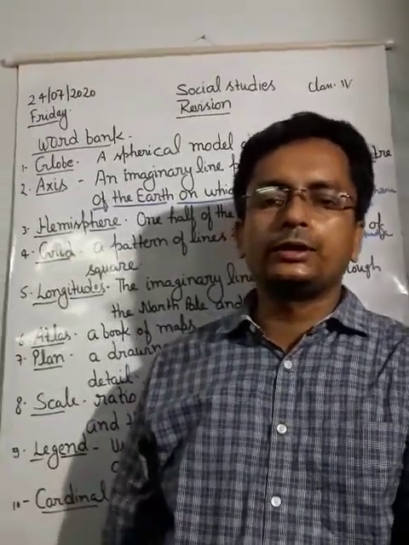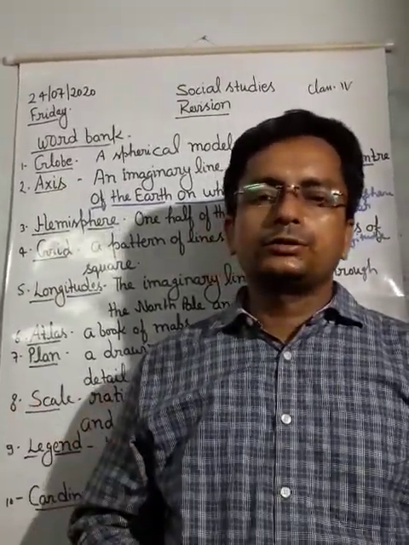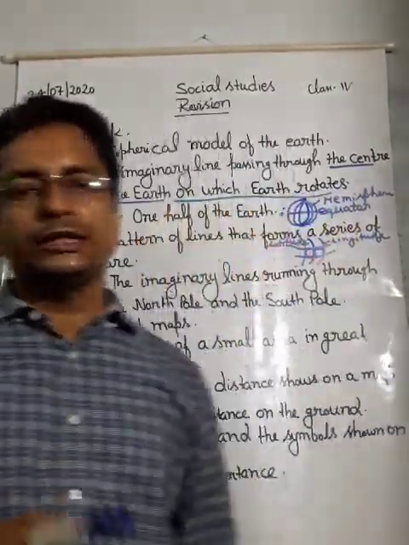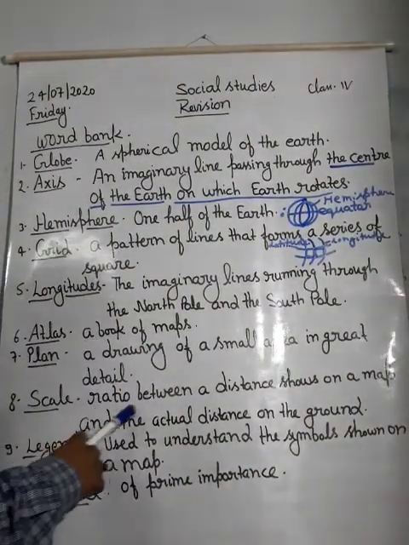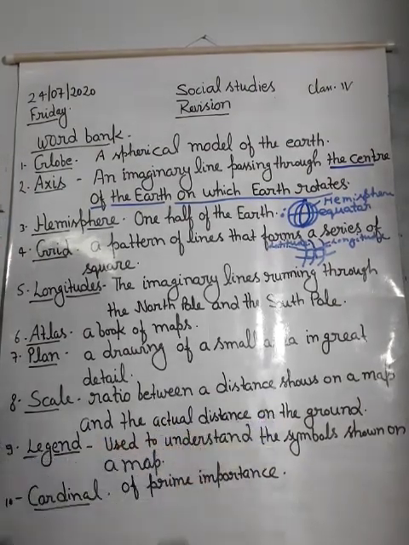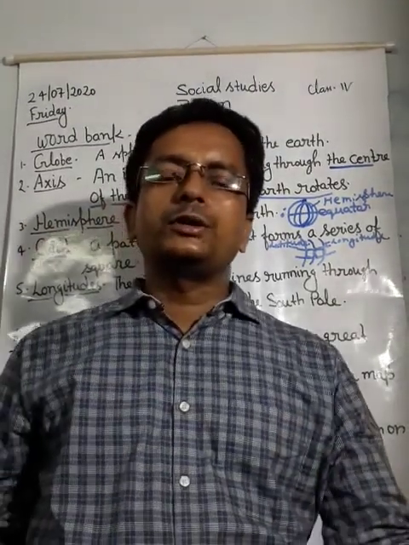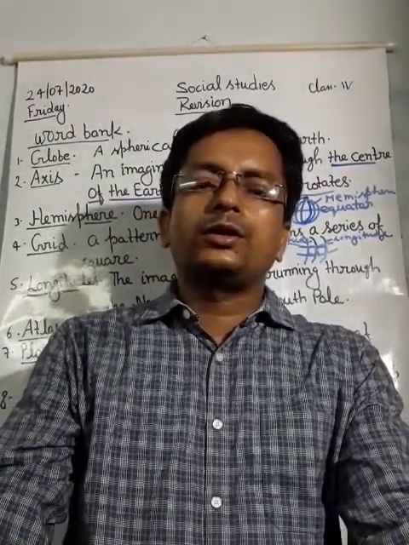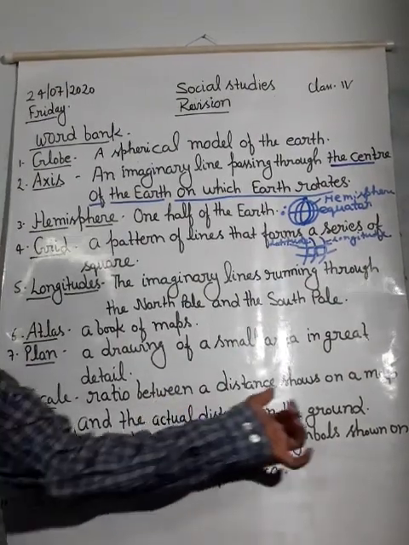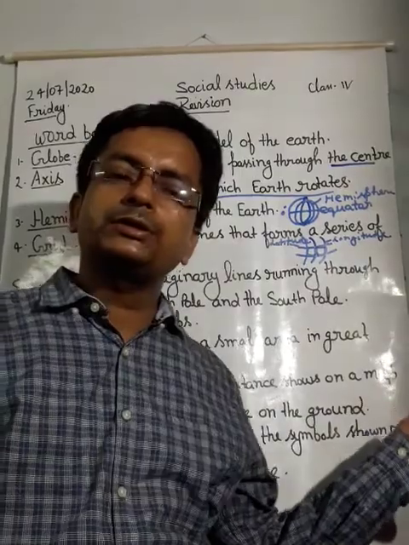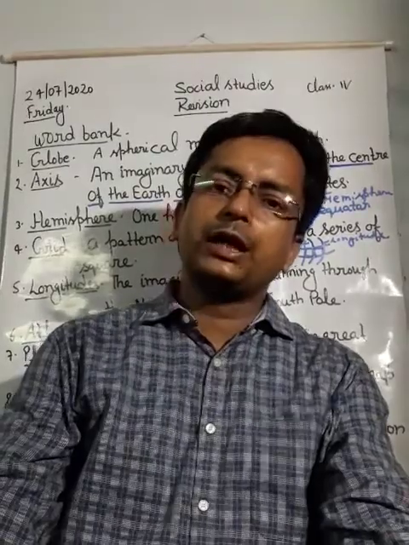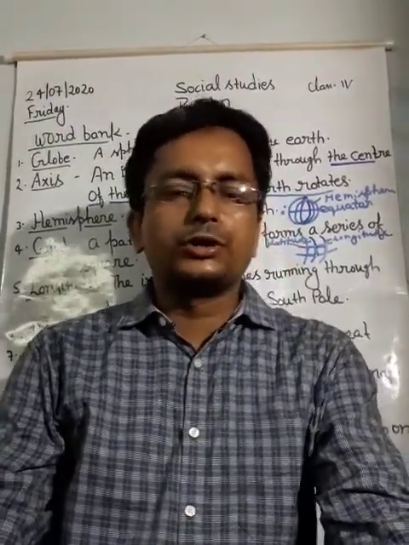With the help of scale we can locate many places, you can say a long distance in a small portion. The ratio between the distance shown on the map and the actual distance on the ground. Scale is a ratio between map distance and actual distance or ground distance.